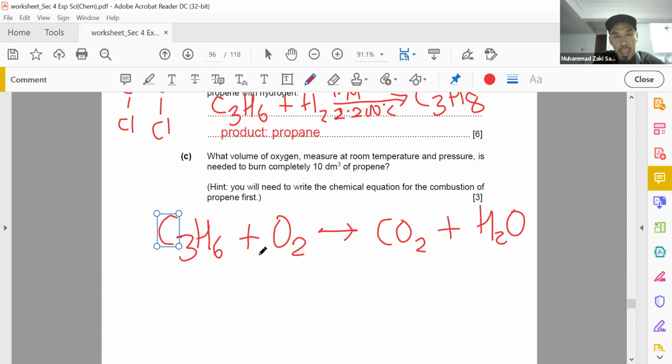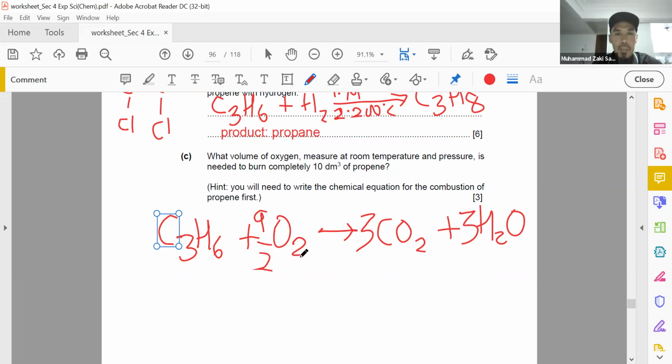Again, balance the carbon, then hydrogen, then lastly oxygen. Carbon 3, 6 hydrogen here, so you make hydrogen 6 by adding 3 here. Lastly, count the oxygen: the total is 6 plus 3, which is 9 oxygen. So you want to make it 9. Remember, you can use a fraction, so you have 9 over 2.